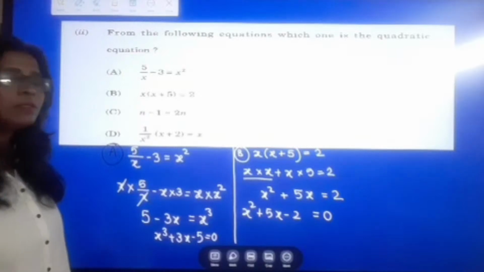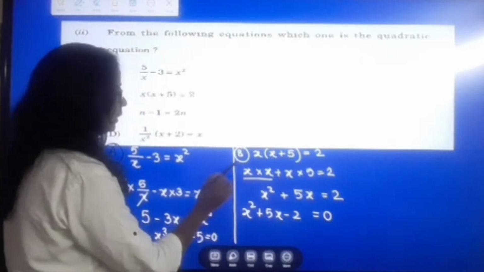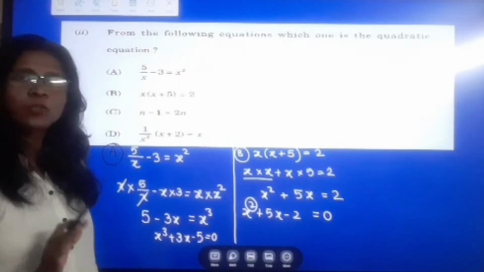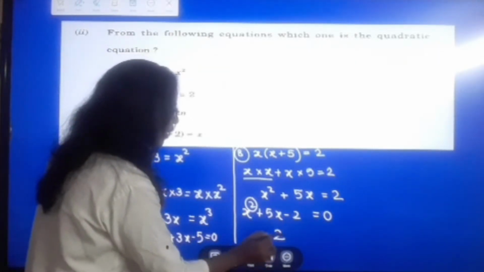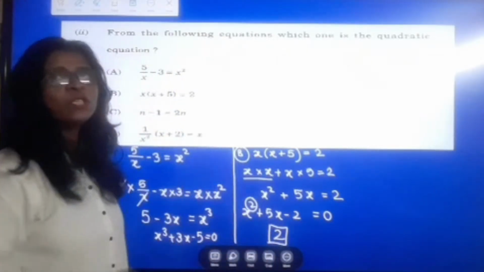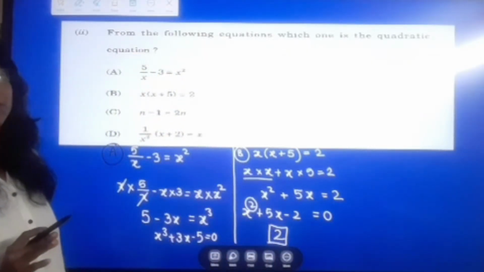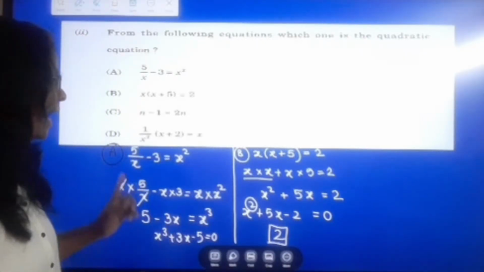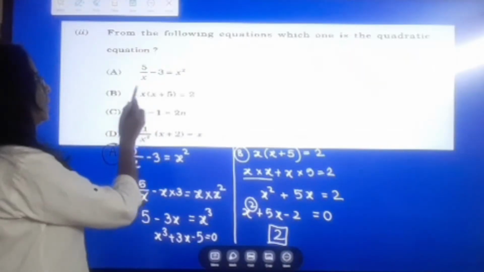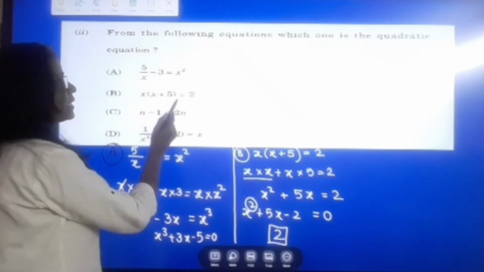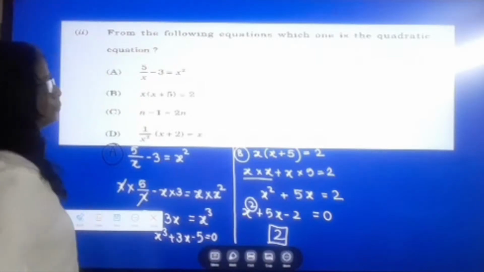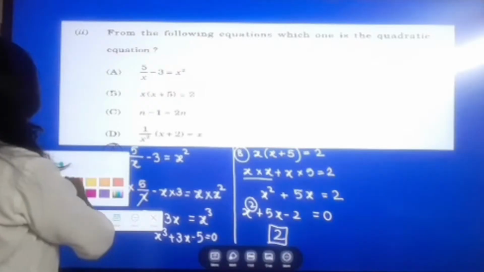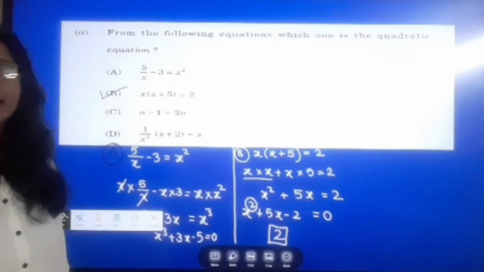Here the highest index, that means the degree of this equation, is 2, and that means it is a quadratic equation. That's why the correct option is B, x multiplied by x plus 5 is equal to 2.